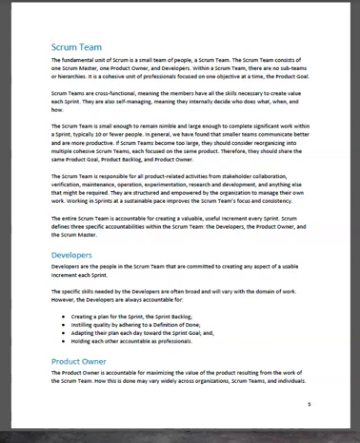Working in sprints at a sustainable pace improves the Scrum team's focus and consistency. The entire Scrum team is accountable for creating a valuable, useful increment every sprint. Scrum defines 3 specific accountabilities within the Scrum team: the developers, the product owner, and the Scrum Master.